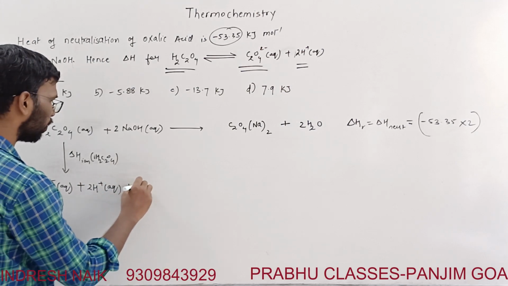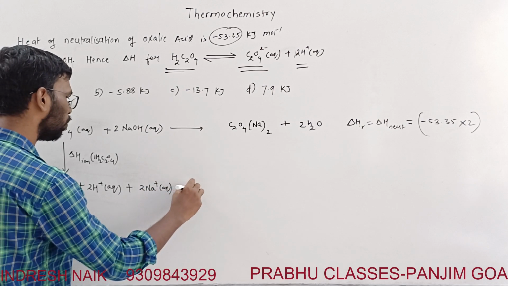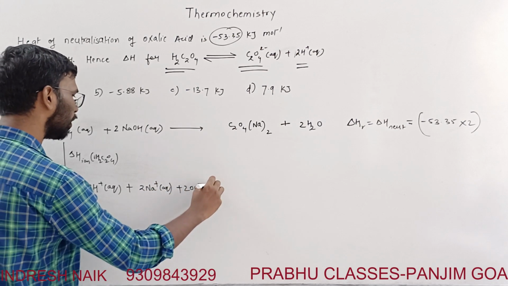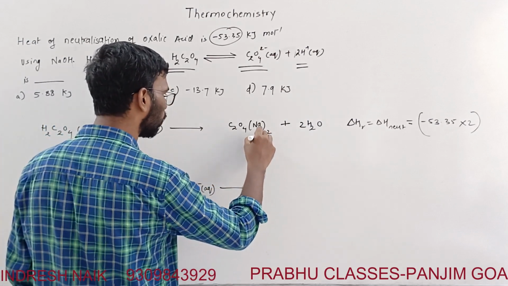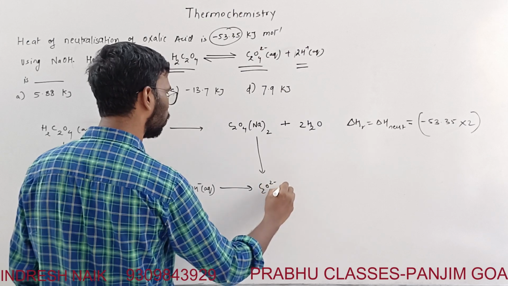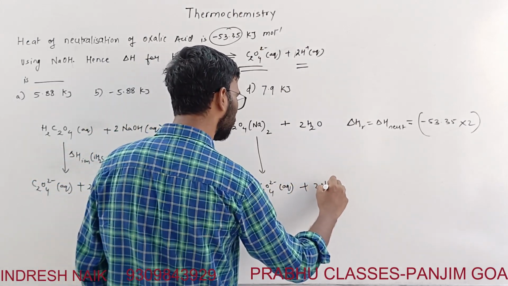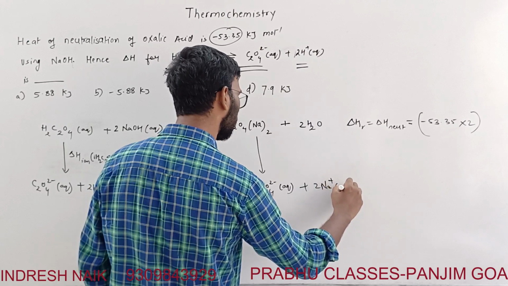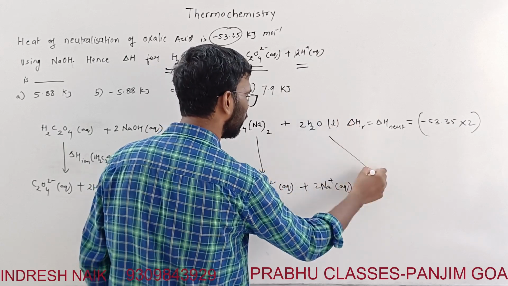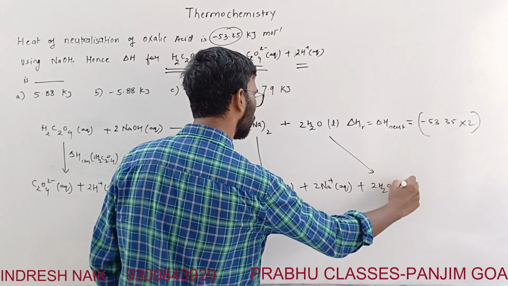And this is 2 times Na plus aqueous, 2 times OH minus aqueous. This will split as C2O4 2 minus aqueous, 2 times Na plus aqueous. This is liquid, and this is also changing to 2 moles of H2O liquid.